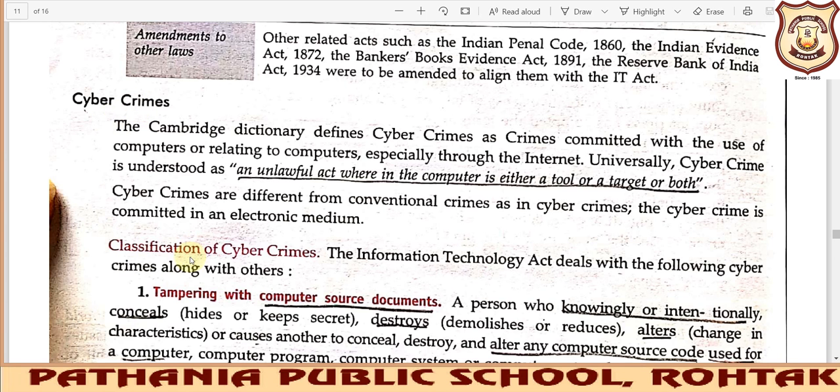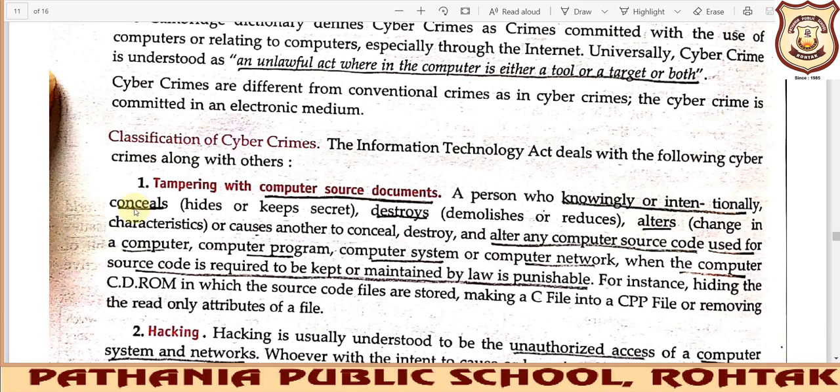So there are different categories of cyber crimes. One is tampering with computer source documents. Some documents are confidential and someone is trying to destroy or alter the information of that particular document, and breaching security, which should not be done.